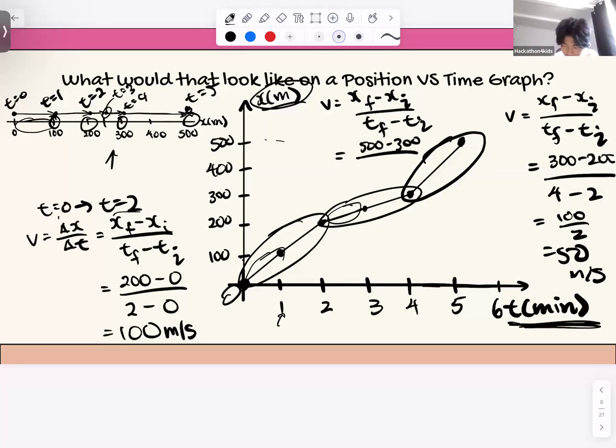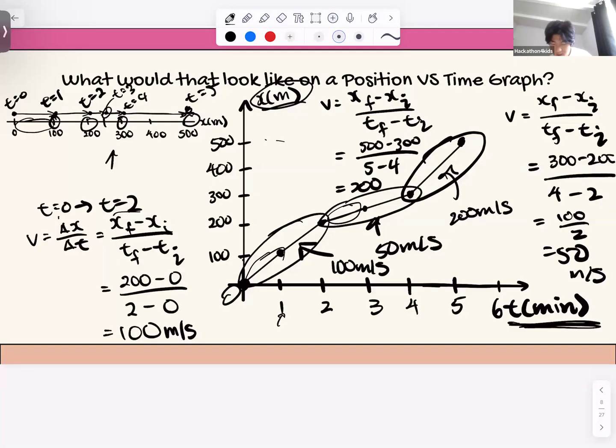In a span of 1 minute, which is from 5 all the way to 4, which is 200. So his velocity here is 200 meters per second. His velocity here is 50 meters per second. And his velocity here is 100 meters per second.